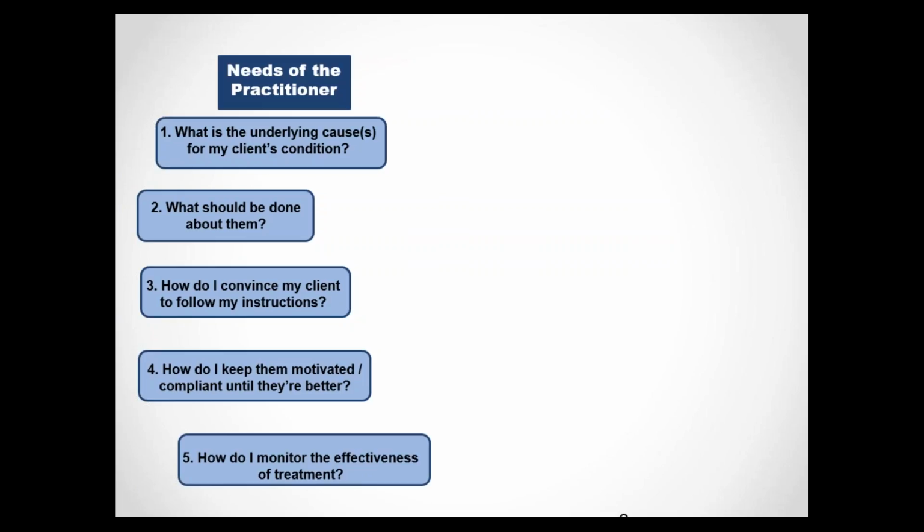Because we're working with very subtle imbalances in the system, imbalances where there's no real other conventional test to monitor whether things are moving in the right direction, it's really important for us as practitioners to be able to monitor and see whether the treatment is actually working and whether our clients are moving in the direction towards a better state of health.